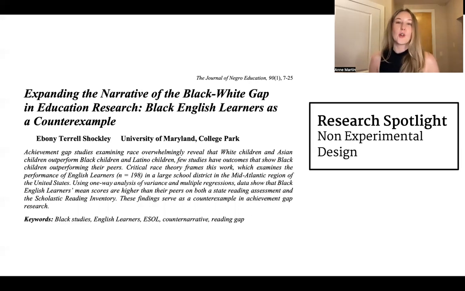And this article looked at the academic achievement of students from different racial groups and who were English language learners. So of course, since being an English language learner, you can't assign someone to that group. That's existing data. So that's what makes this non-experimental, because of course participants are not randomly assigned to that.